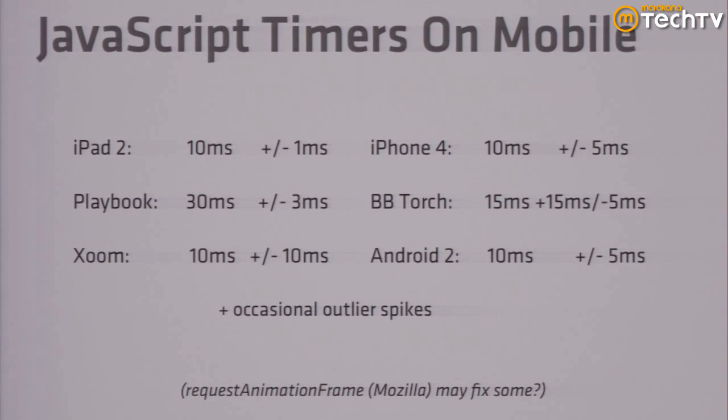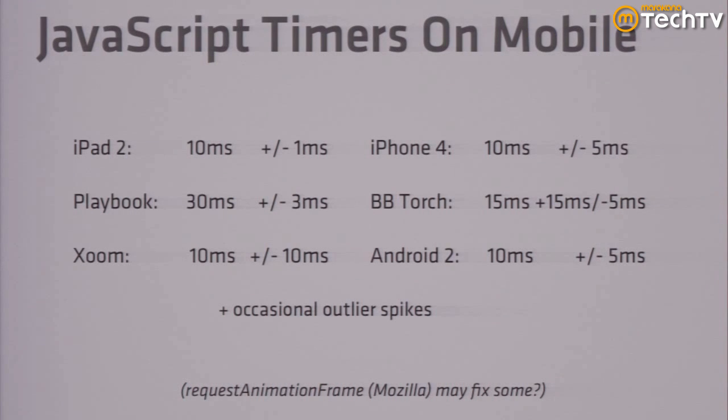As a result, when you use JavaScript animation with setTimeout or setInterval on some of these phones, you get really inconsistent results and pretty jittery animations. The iPad 2 is 10 milliseconds plus or minus 1 millisecond. That's actually fantastic, and it's as good as desktop.